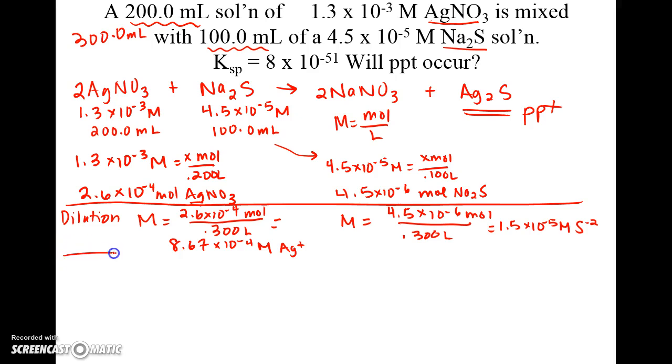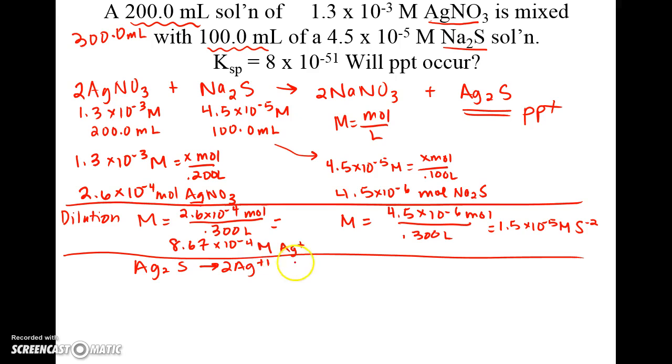Now that I have my new concentrations, I have the last part of this problem. Are you ready? I'm looking to do a Ksp problem. Ag2S becomes 2Ag plus 1 plus S minus 2. Now it's starting to look a little bit like yesterday.